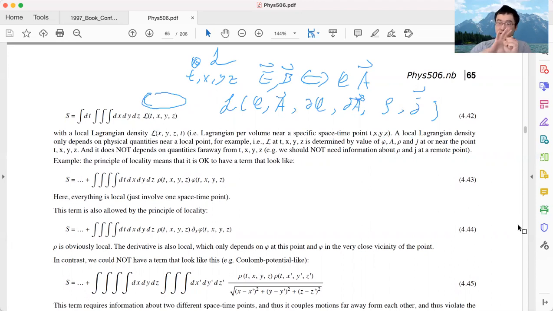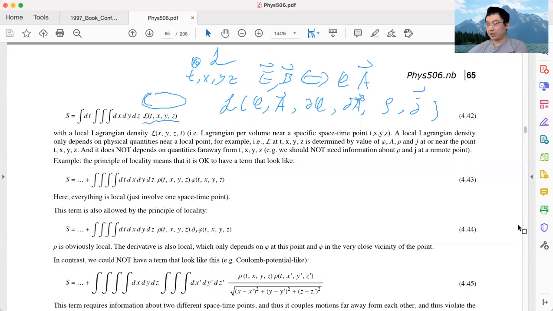To write down L, I don't need the information far away. I only need to do a measurement around this point to decide phi, what is A, what is the derivative of phi, what is the derivative of A, what is rho, and what is J around this point. I don't need information far away. So that is the principle of locality. I only need a local region to define this L, curly L. And if I want to get the total Lagrangian, I just do an integral.